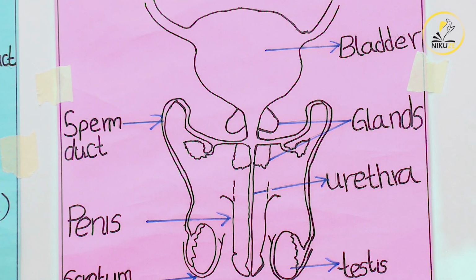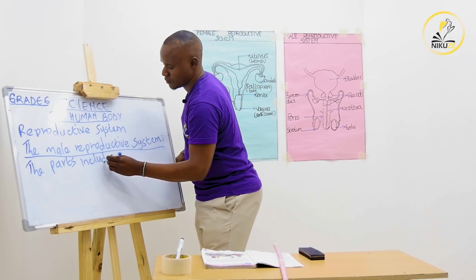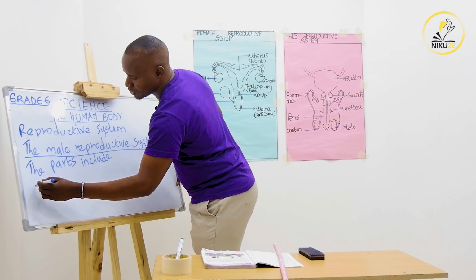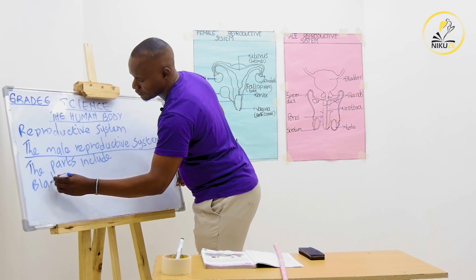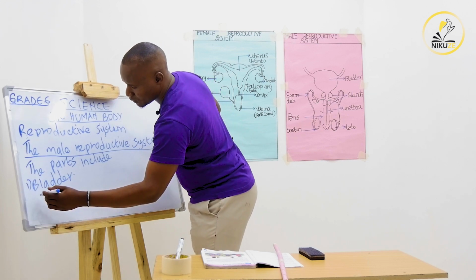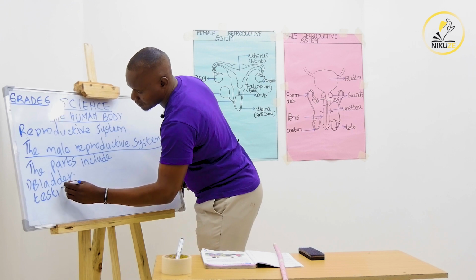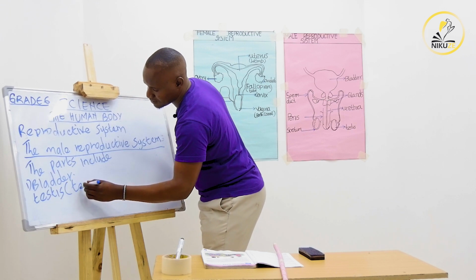Now the parts include: number 1, the bladder, which acts as the storage for urine. Number 2, the testes; in singular and plural, they are known as testes.